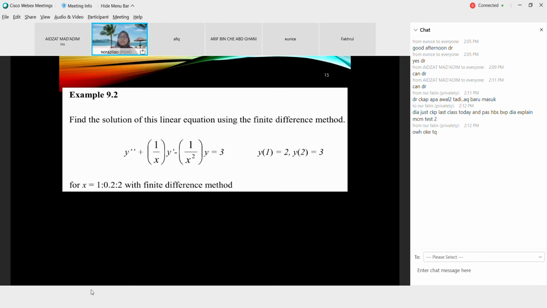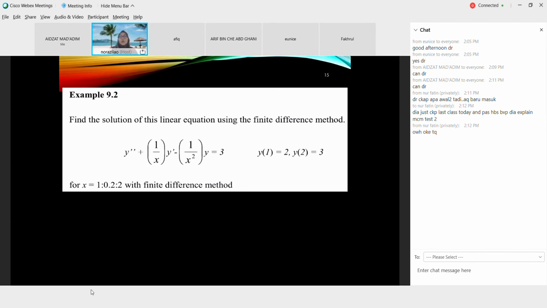This is the easiest way to solve a BVP. So y double prime plus 1 over x times y prime minus 1 over x squared times y equals 3. Given the boundary conditions.